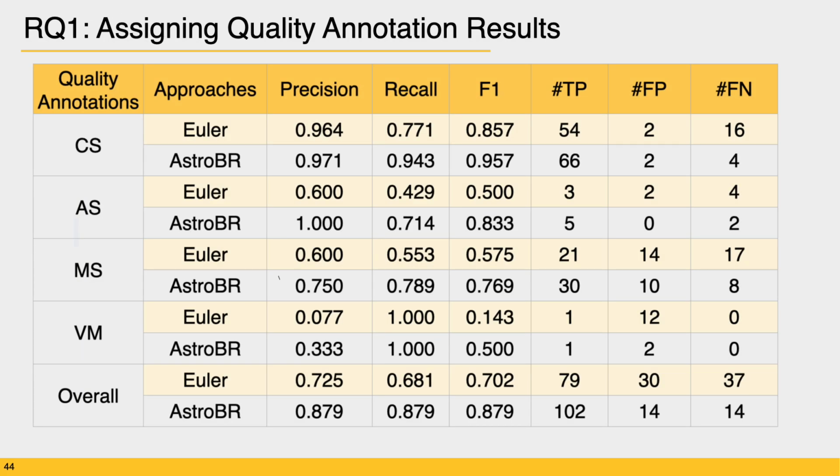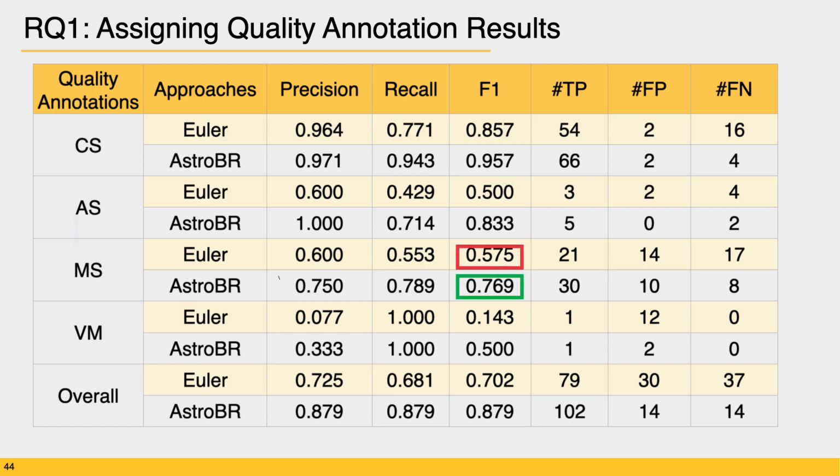Now we describe individual S2R annotations for all 4 annotations that we used. In all cases, AstroBR outperforms baseline Euler in terms of F1 score. In all annotations, AstroBR produces fewer false positives and false negatives. For correct steps, the F1 score is 0.957 for AstroBR, and for Euler it was 0.857. For AS, the F1 score is also much higher than Euler.